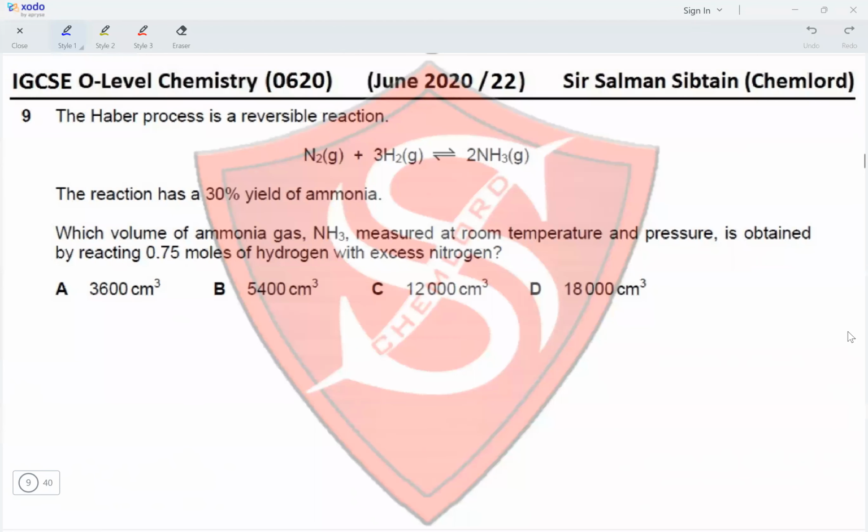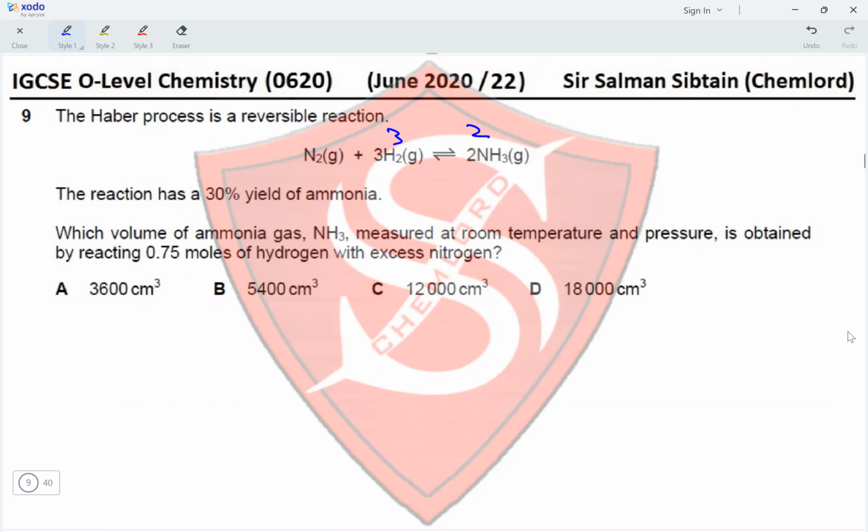Question 9. The Haber process is a reversible reaction. The reaction has a 30% yield of ammonia. Which volume of ammonia gas measured at room temperature and pressure is obtained by reacting 0.75 moles of hydrogen with excess nitrogen? The molar ratio of hydrogen to ammonia is 3:2.